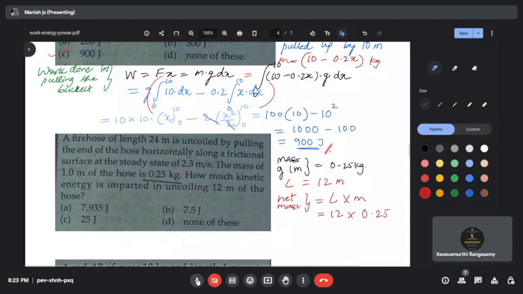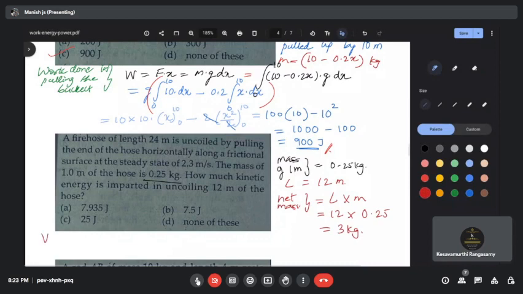Are you understanding? For the entire 12 meters, we need to find out the cumulative mass. So it's 12 times 0.25, you would get 3 kgs.